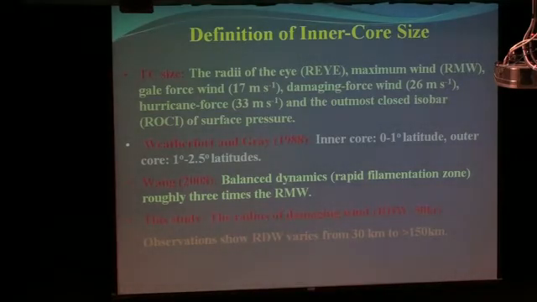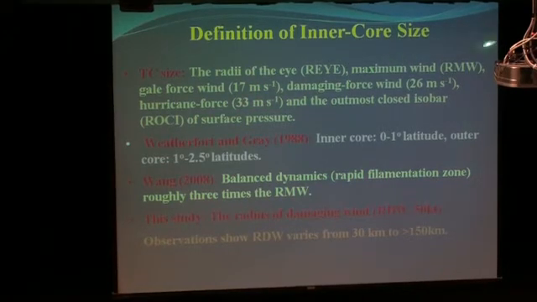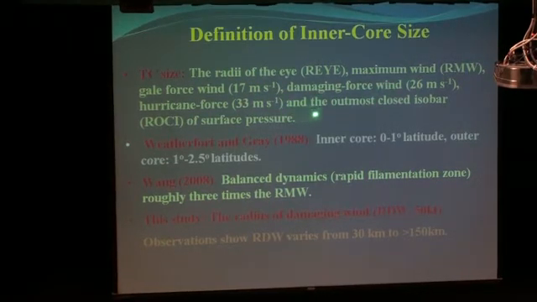Because the topic here is about the inner core size, I have to describe a little bit the definition of the inner core size in the literature. Mainly, the tropical cyclone size we measure in past research or operations has some different definitions, like the radius of the eye, the radius of maximum wind, and also sometimes we use the gale force wind, the damaging force wind, and the hurricane force wind.